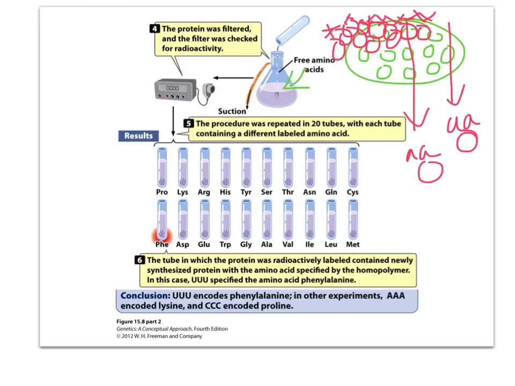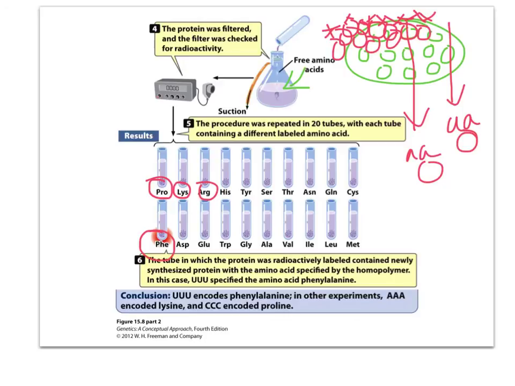Anything that's not radioactively labeled will come through if the radioactively labeled amino acid is not the one that we want. And so then we just do this for every single one. There's one radioactive. In this case, the radioactive one was proline. Everything else not radioactive, or lysine, or arginine, and so on and so on.